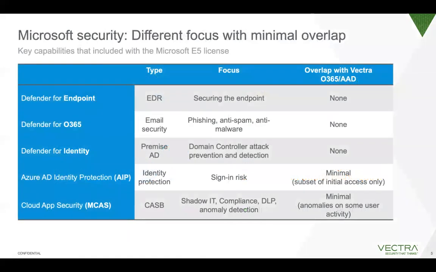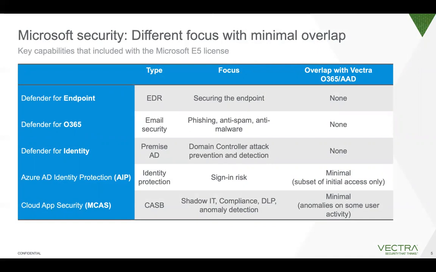Let's take a look at the Microsoft offering for their E5 license on Office 365. There are multiple things that they do and they do very well, and we don't even do as from Vectra point of view. In this case, the Defender endpoint. Vectra is not an endpoint solution in regards to installing an application that will protect that particular endpoint.